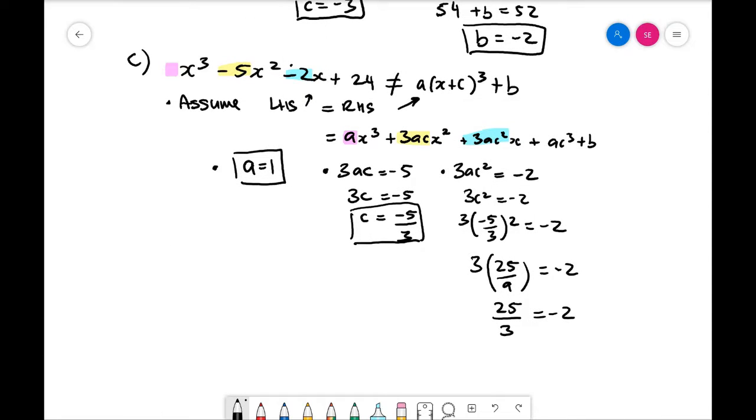Now, that's not true. So something must be wrong. Well, this would be true if our assumption was correct.